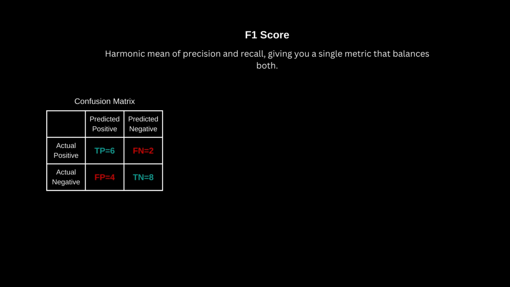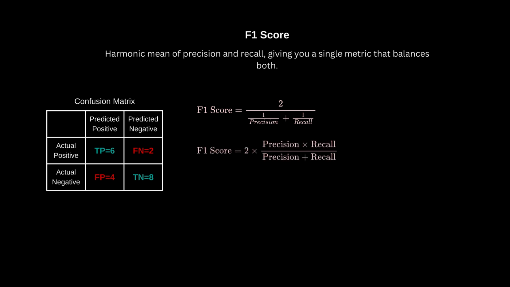F1 score is the harmonic mean of precision and recall, giving you a single metric that balances both precision and recall. So the harmonic mean will look like this. And it can be simplified into this equation by basic mathematics. So back to our example, the F1 score would be 0.67 or 67% by putting in the numbers.